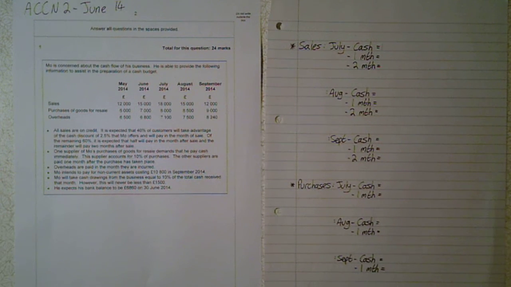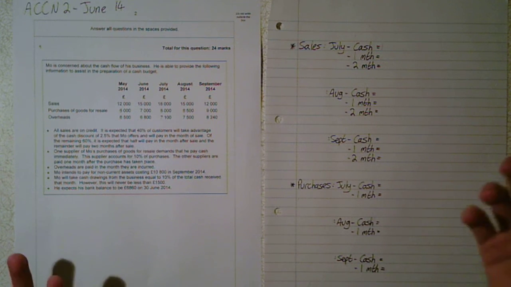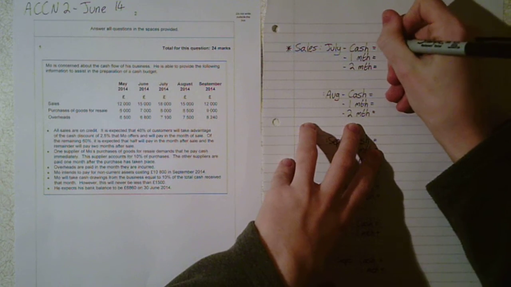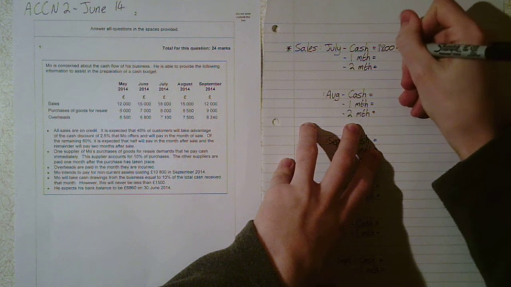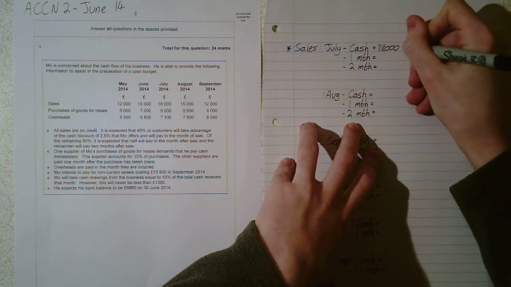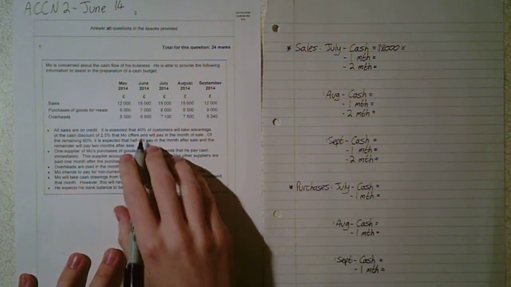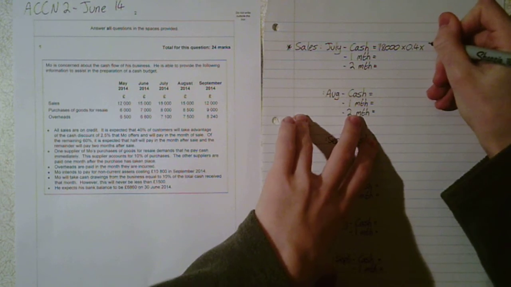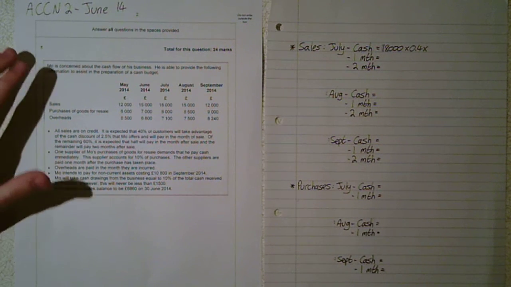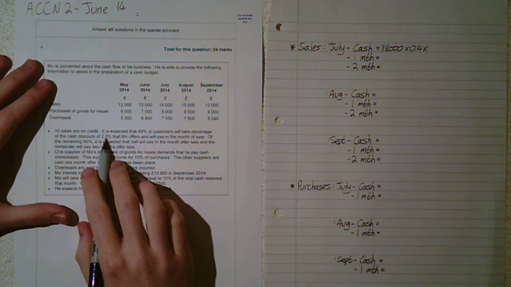So what cash payments are we receiving in July? Well, it's going to be the sales we've made in July, isn't it? So 18,000 times by what percentage? Well, 40%, so 0.4 times by, well, they're getting a 2.5% discount, aren't they?